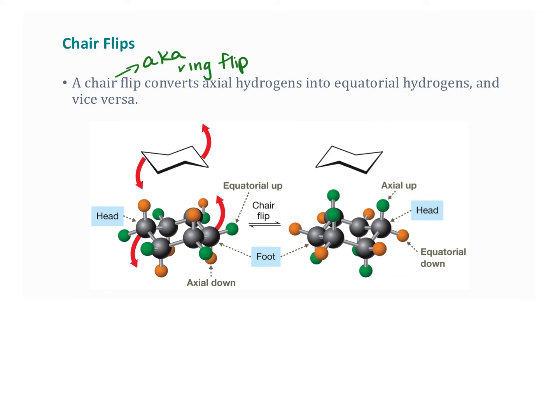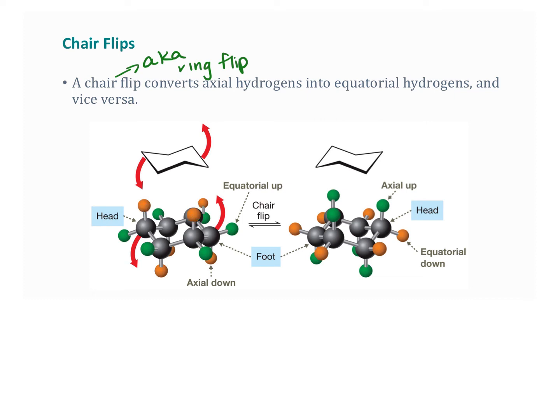And so what happens here, and we're going to build the molecules, we're going to do this. You push this little envelope up and it pushes this foot down, and then now it's like you flipped your chair around, right? Where this was the head and this was the foot, and now this is the foot and this is the head, okay? I want you to track this.